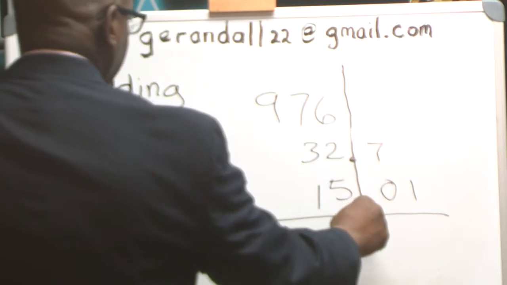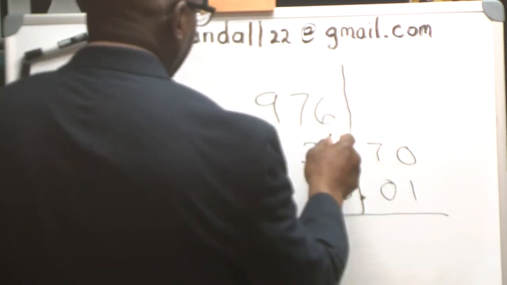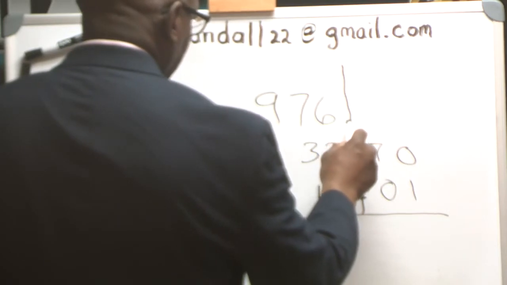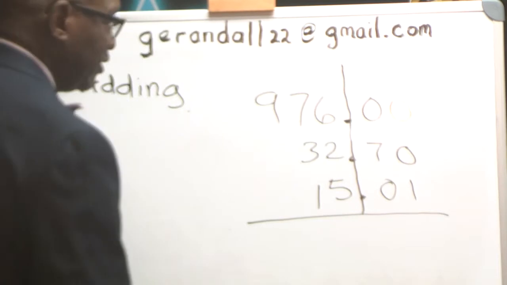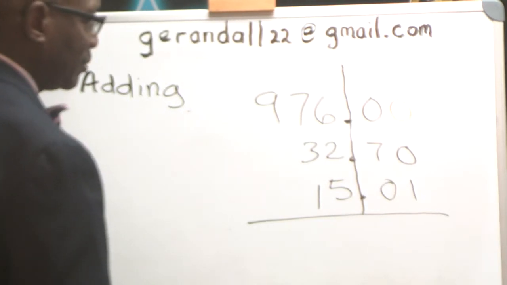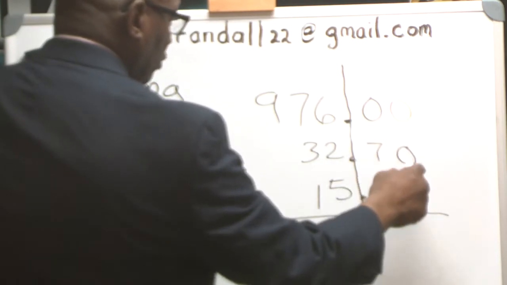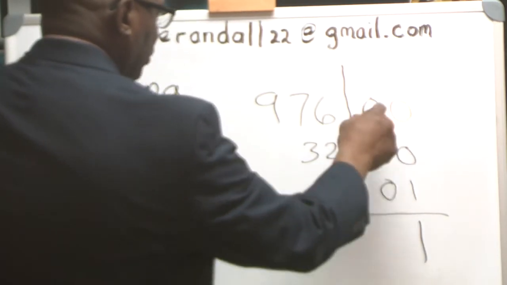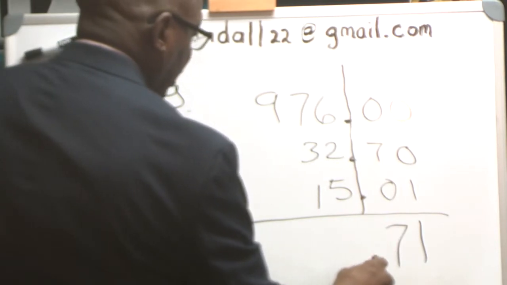Keep it in order. And again, we'll add some zeros. And even though there was not a decimal here, this does not change the value of 976. Okay? Everything's in order. 0, 0, and 1. 0, 7, 0, 7. Put our decimal.